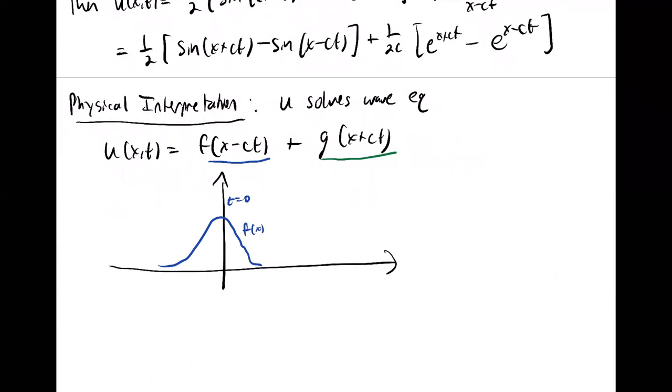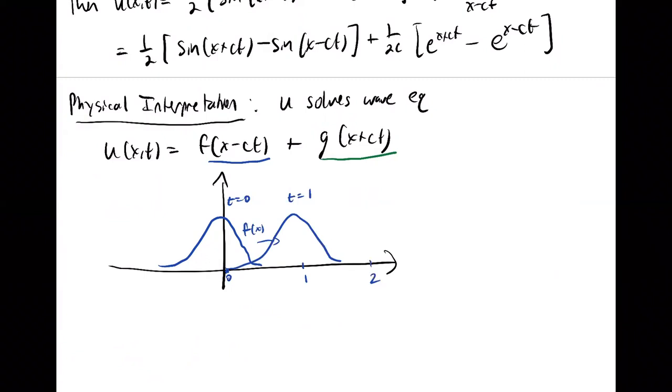When t is equal to 1, the graph, what I'm doing is I'm just really shifting the graph by some unit proportional to the change in time, right? So when t is equal to 1, I shift the origin to the point when x is equal to 1, and so this moves to the right. You get something like this, right?